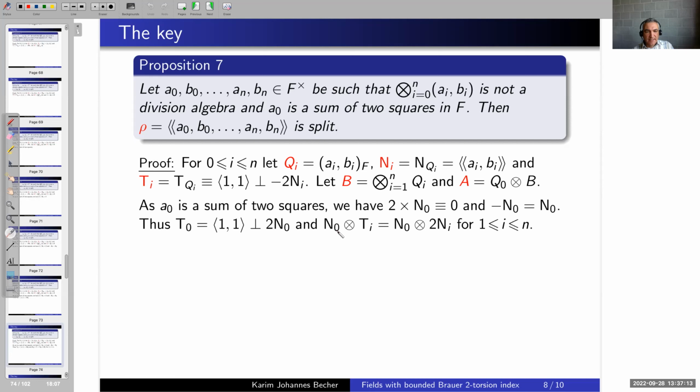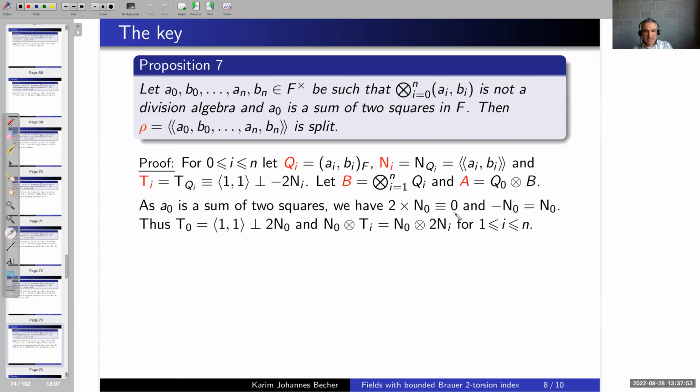And if I tensor now N0 with Ti, then you see that the Ti was 1 orthogonal sum to -2ni, but up to equivalence I could say, let's just tensor N0 with the right hand side here, but N0 multiplied with 1 will be hyperbolic because that is here.